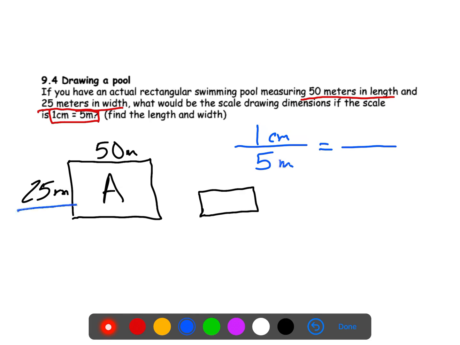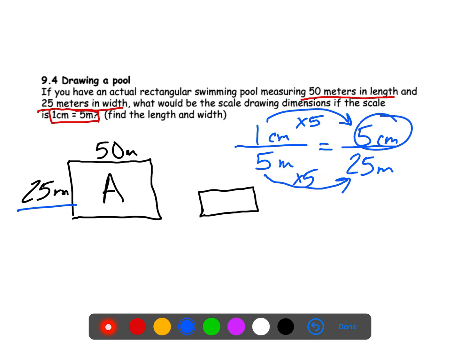I'm going to turn that scale into what the actual width of the pool is, which is 25 meters. So to increase this actual measurement, I'm going to be multiplying by 5. 5 times 5 is 25, and I'm going to balance it here the same way. That means that on the drawing, it should be 5 centimeters for the width.